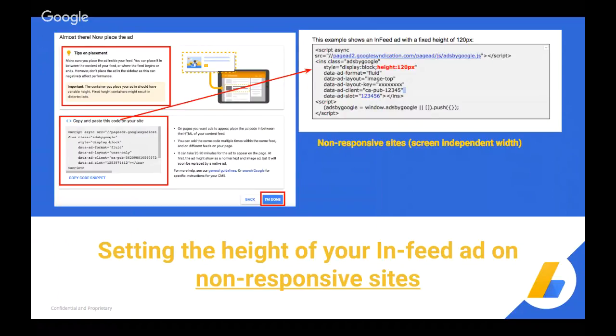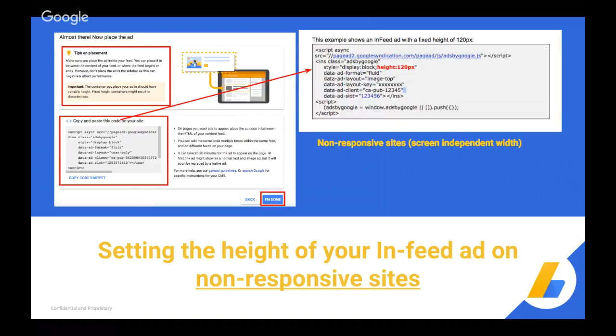In red, with bolded capital letters, we've indicated the height parameter, which in this case is 120 pixels. In order to do this, you really need to know what height you want. It's important to also know that you can always come back to this code and change the height as you go to find the height that best suits you.